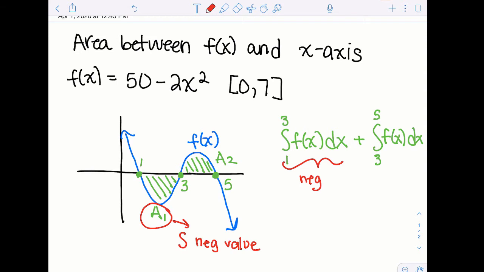So we could do that by putting a negative in front, because that tells me, I know this integral is going to give me a negative answer, but I want the area, so I'm going to put a negative in front of that, and then you might get something like negative negative 10, which will give you just a positive answer. Essentially, whatever we get from that first integral, we want to convert it to a positive number, because for this type of question, we want to know what the area is. The negative, integral-wise, is really just telling us that it's an area that falls below the x-axis.